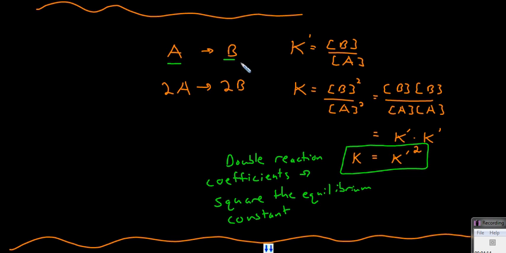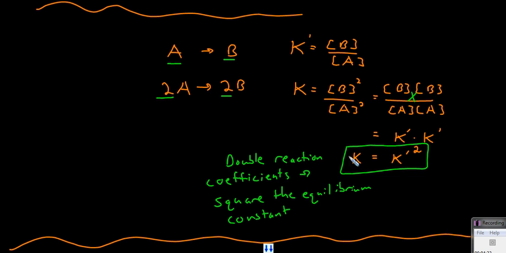Take a case in which A turns into B. So the equilibrium constant for that is B over A. But what if you double the concentrations of both of these reactants and products? Then the equilibrium constant is B squared over A squared, which is the same as B over A times B over A, which is K prime times K prime.